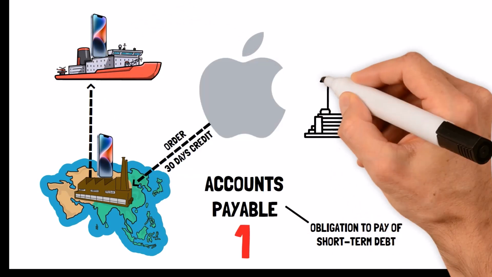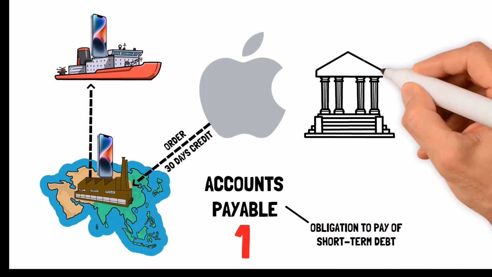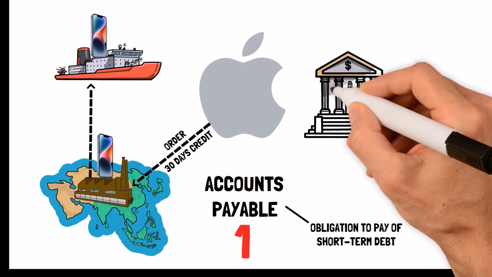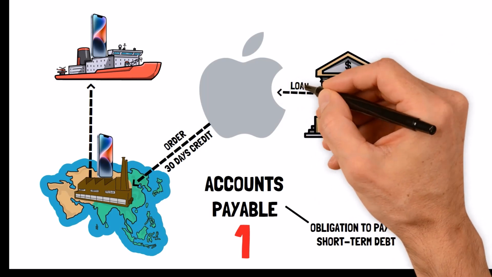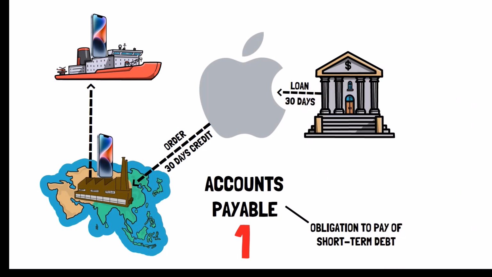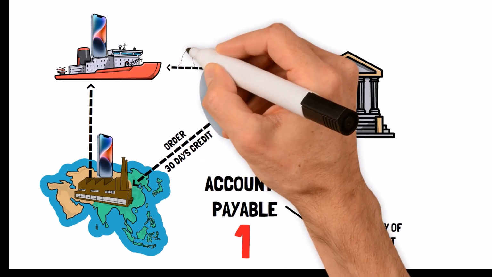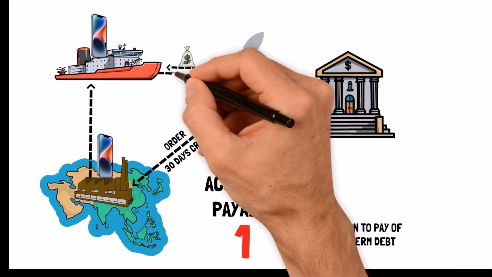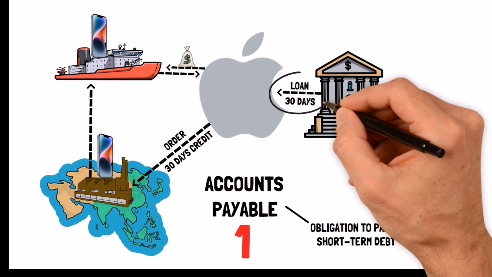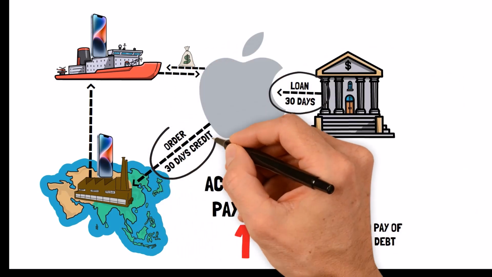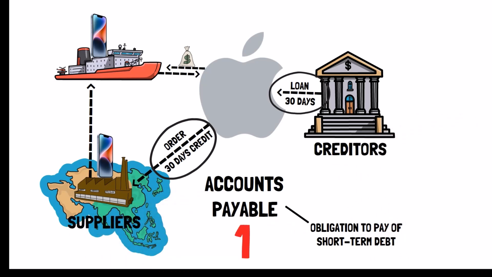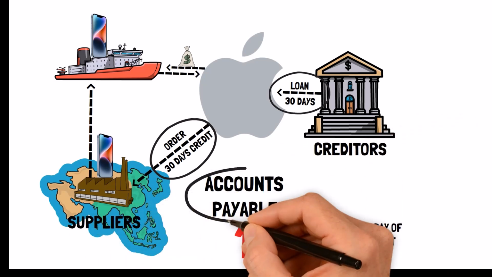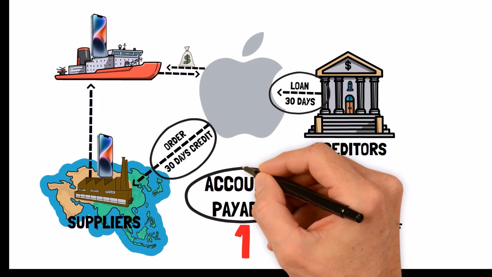However, Apple insists that they do not want to pay for the shipment with cash from its operation, and instead decide to take a bank loan with 30 days credit. It uses the credit from the bank to pay for the shipment. The sum borrowed or credited represents an obligation to pay back both the creditors and the suppliers, together adding up to the liabilities in accounts payable.